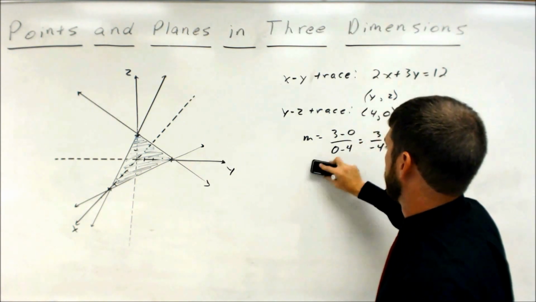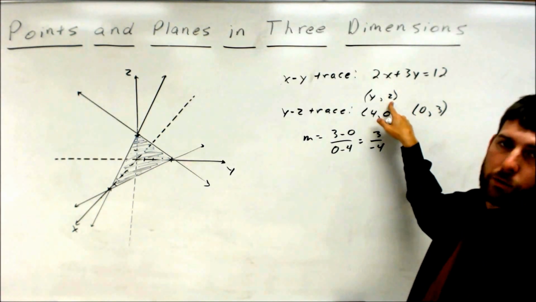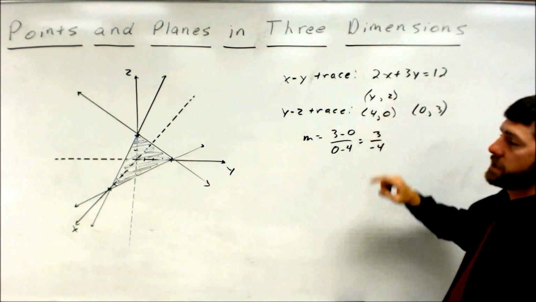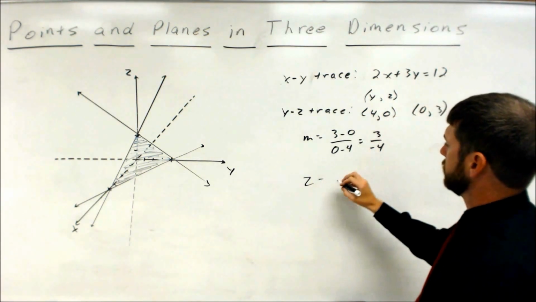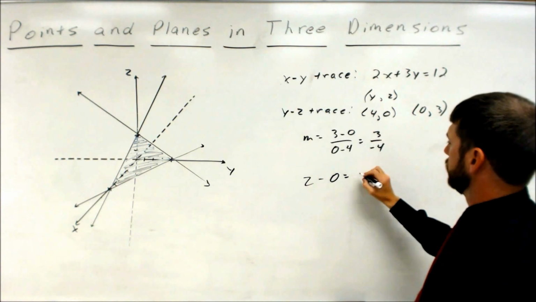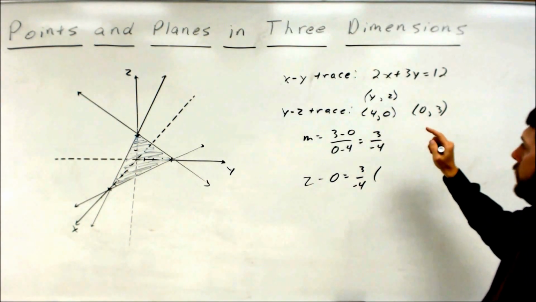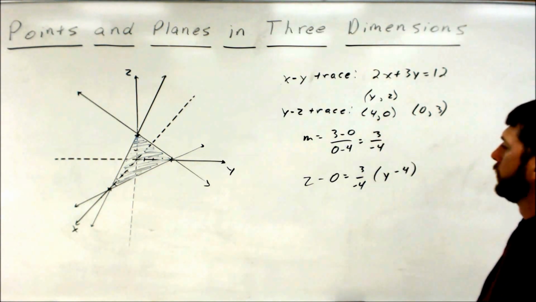So again, consistency. Instead of it being y minus y1 equals m times x minus x1 for our slope intercept, we're letting z be that second coordinate. So it's z minus z1 equals the slope of y minus the first y coordinate.